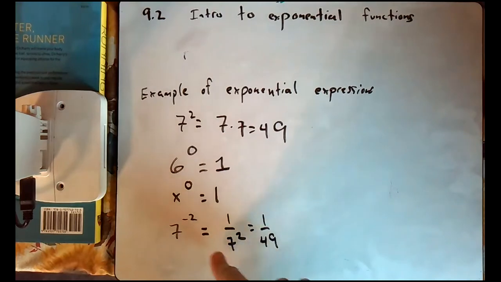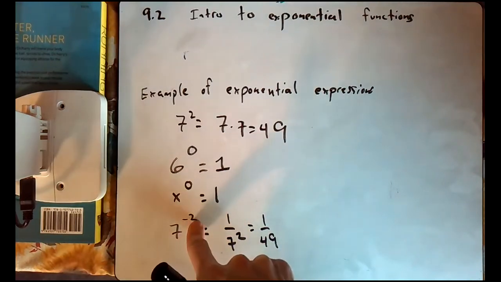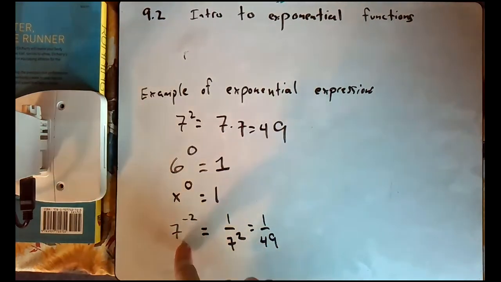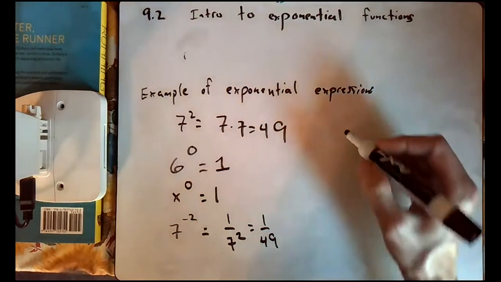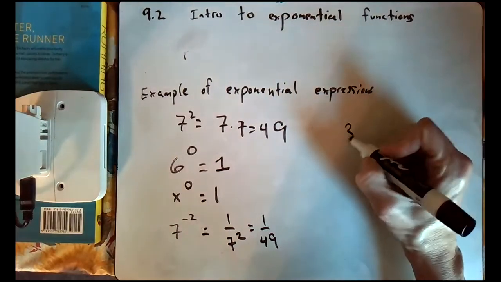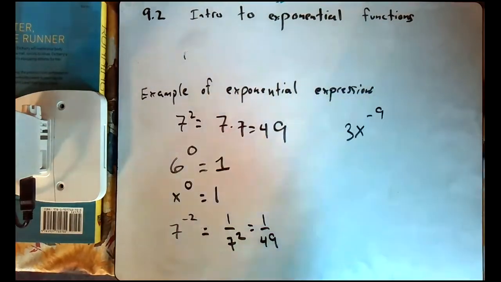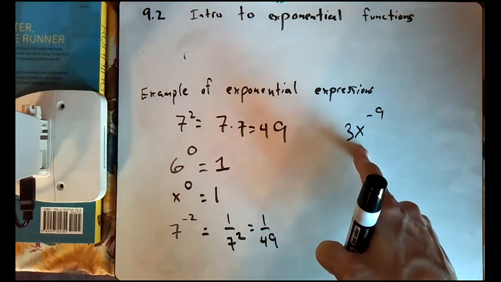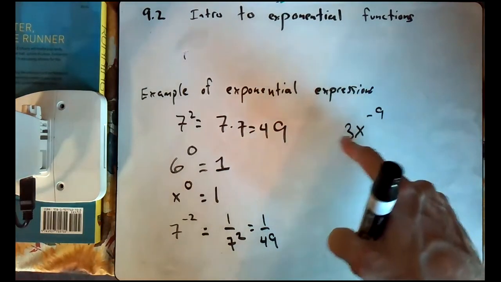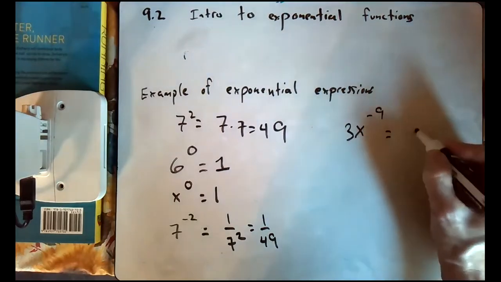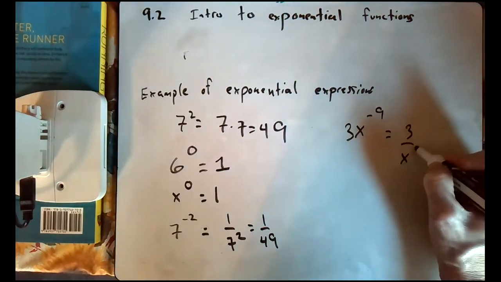Remember, you only flip the part that has the negative exponent being applied to it. So we had to flip the 7 because the negative 2 is being applied to it. But let's say we had 3x to the negative 9th power. You're not going to flip the 3, because what's that negative 9 being applied to, the x or the 3x? Just the x. So this would be 3 over x to the 9th.